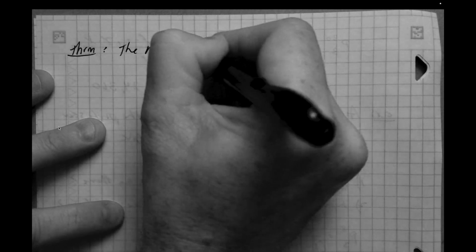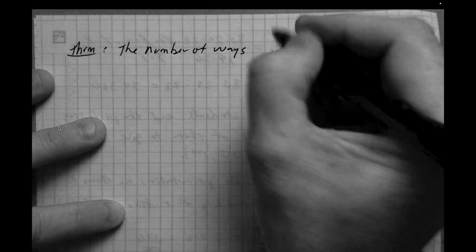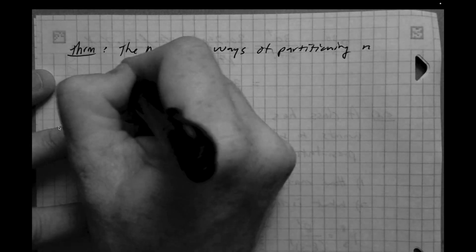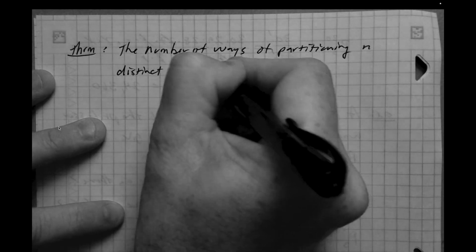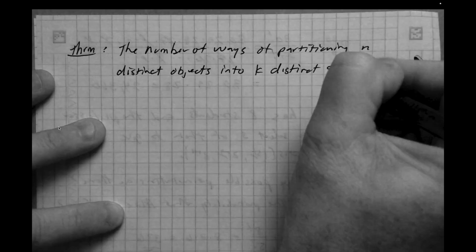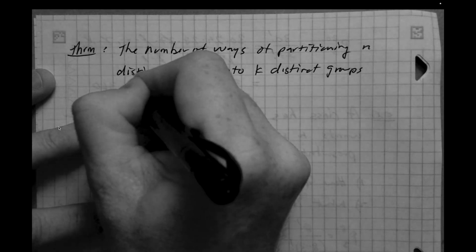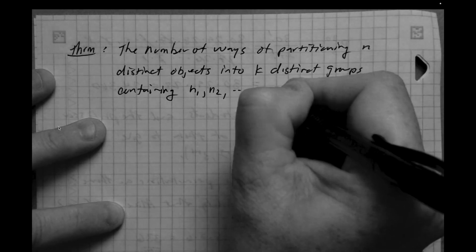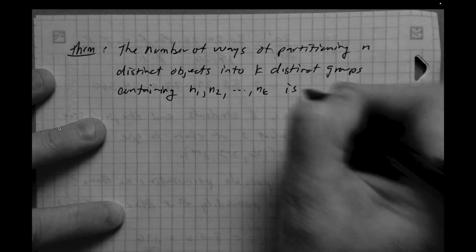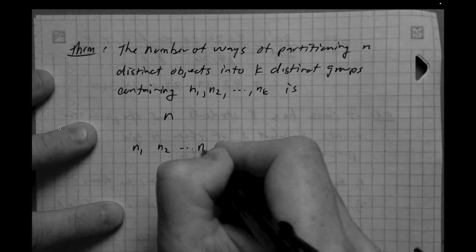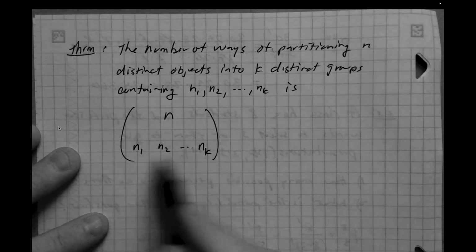Okay, so this theorem says the number of ways of partitioning n distinct objects into k distinct groups containing n1 in the first group, n2 in the second group, and so on, and nk in the kth group is, and we denote it like this, n, and then you've got n1, n2, ... nk, in these sort of parentheses here, but there's no bar between.